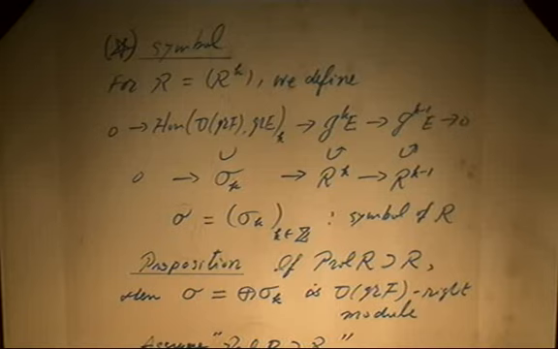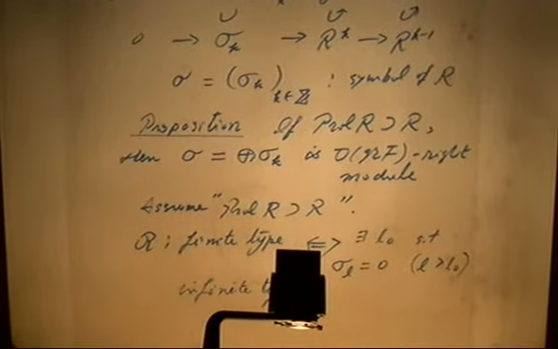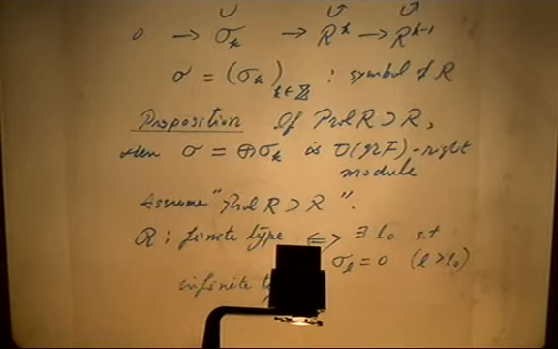So our symbol sigma_k is contained in these spaces, and I denote by sigma the symbol of R. Now the fundamental thing is that if the prolongation of R contains R, then our sigma, the symbol, is a U(gr F) nilpotent Lie algebra module, a right module over the universal enveloping algebra. This is the first important thing for studying differential equations.